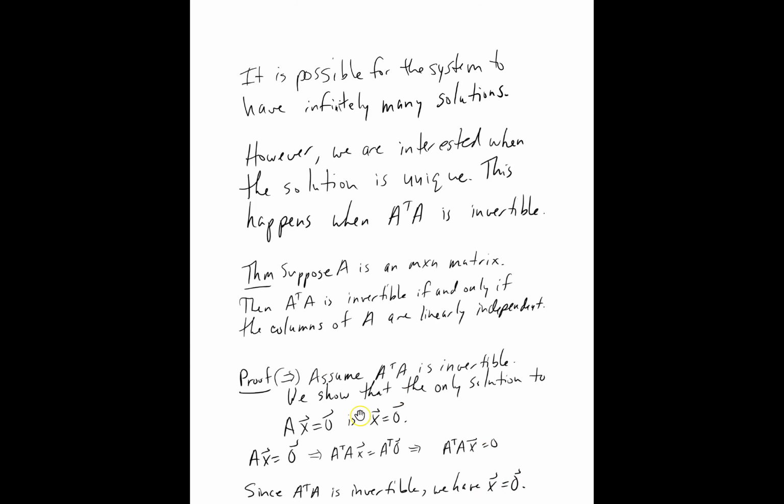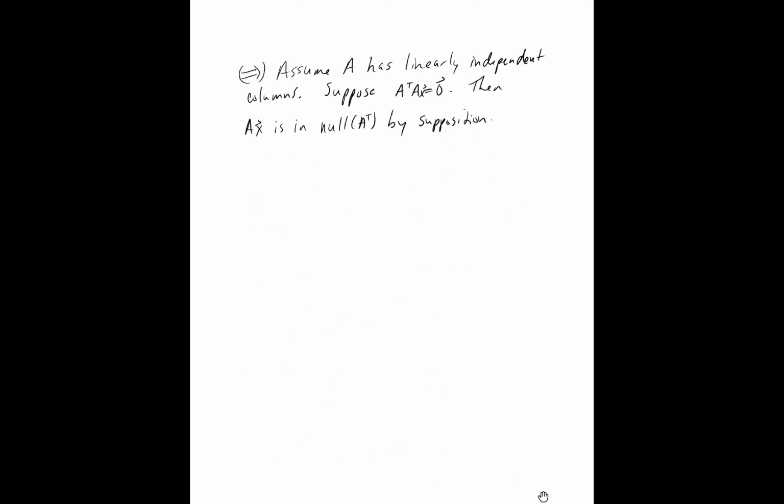So the only way that can happen is if the columns are linearly independent. Think about it another way. You can think of this as a linear combination of the columns, and the only possibility that gives you the zero vector is if you started with zeros for all your coefficients. It's another way to think about it.